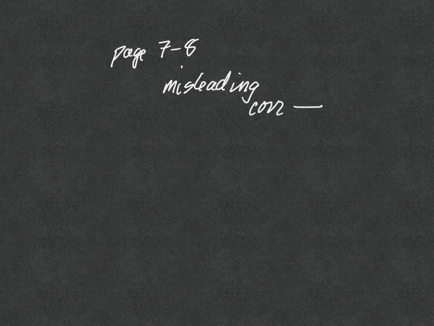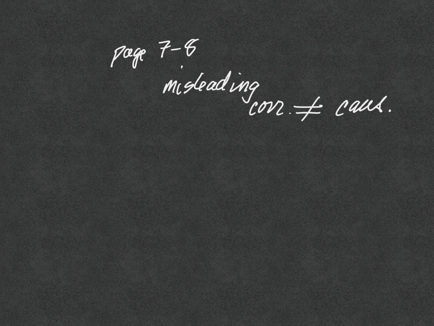But these topics that are pretty good would be what are called misleading conclusions. A big one is correlation is not the same as causation. And there's an example of that in your text. I'll let you read that.